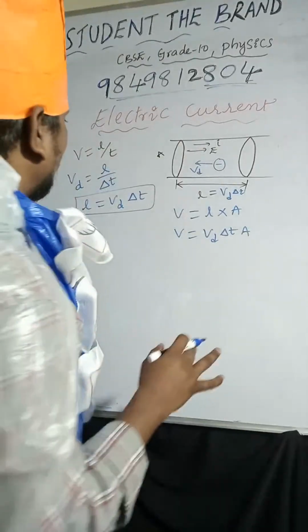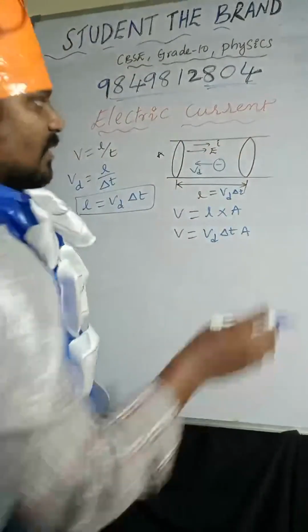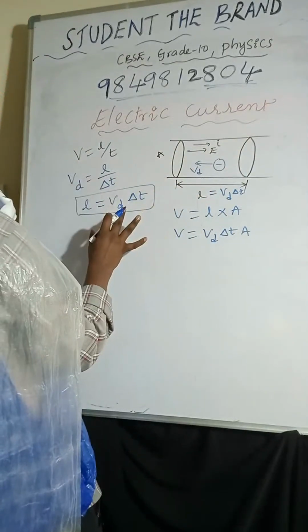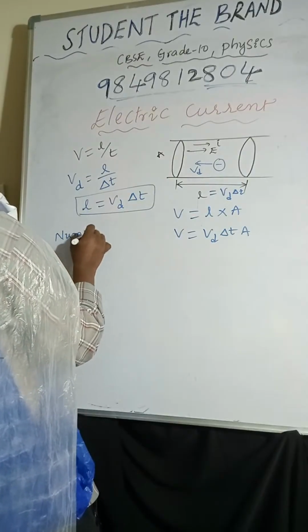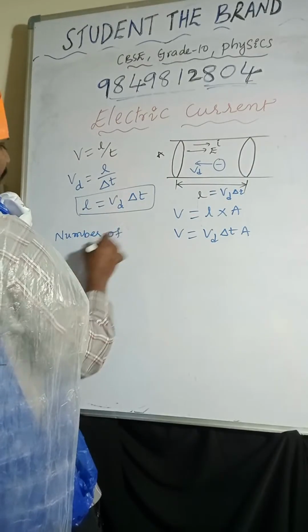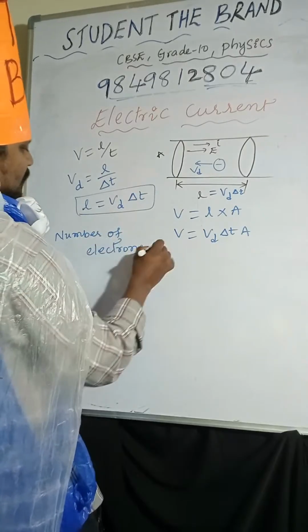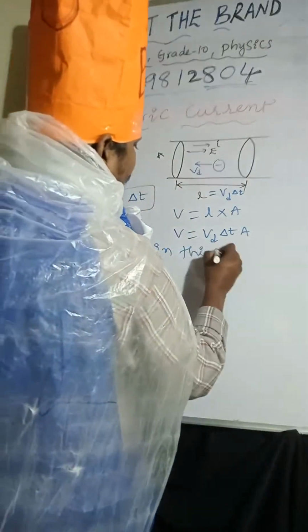Right? Now, in this particular volume, how many electrons are present? Now I will discuss the number of electrons in this volume.